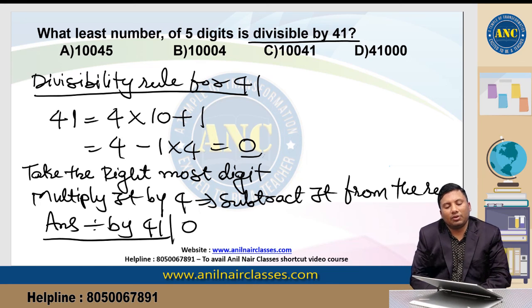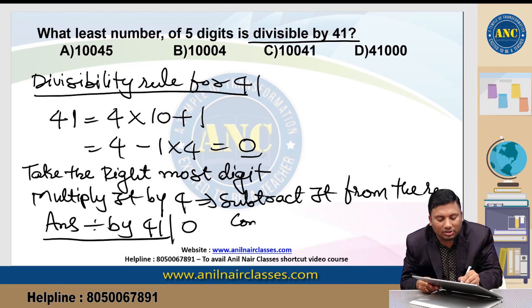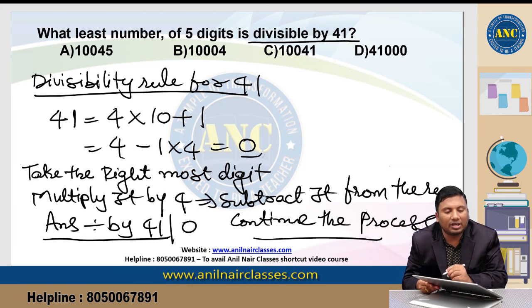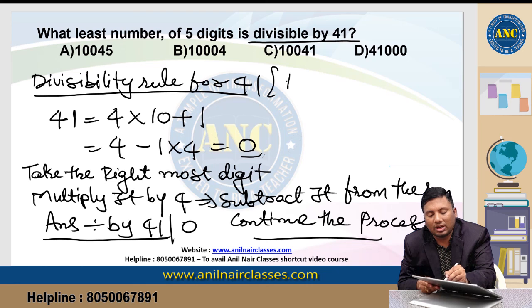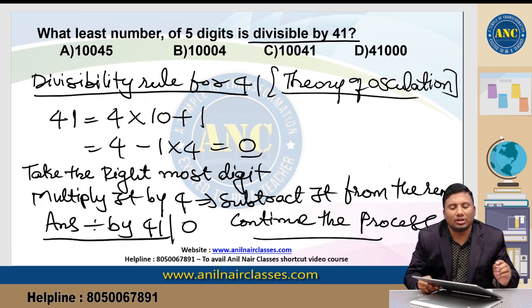Take the unit digit, multiply by 4, subtract it from the remaining, and continue the process till you get an answer divisible by 41 or 0. This is known as the theory of osculation.